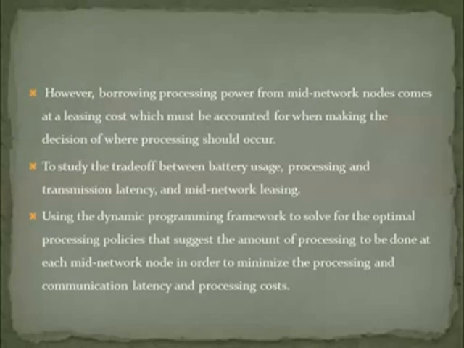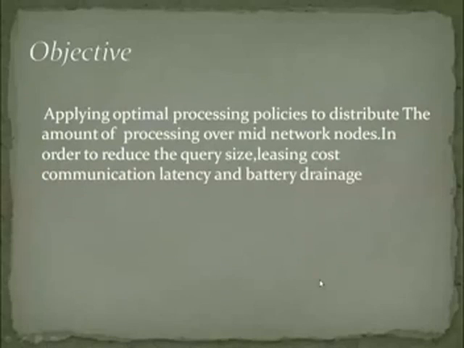Here, our main aim is to study the trade-off between battery usage, processing and transmission latency with the help of a dynamic programming framework. Applying optimal processing policies to distribute the amount of processing over mid-network nodes in order to reduce the query size, leasing costs, communication latency and battery drainage.